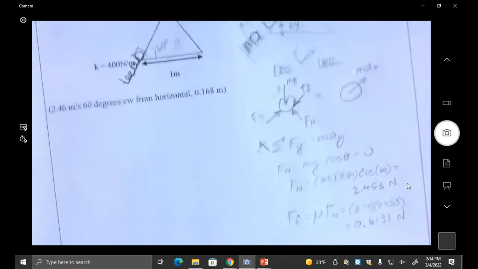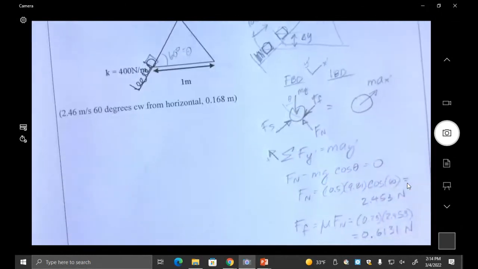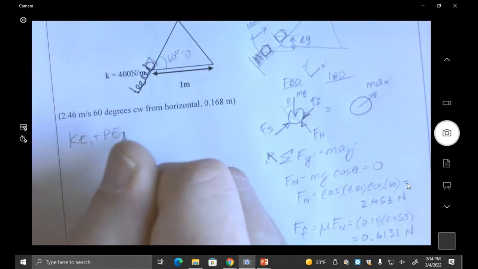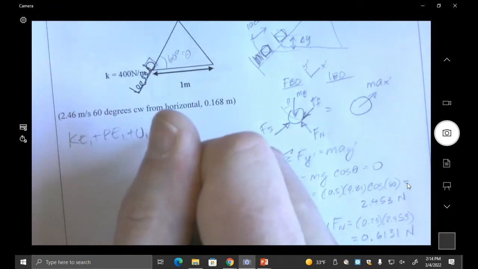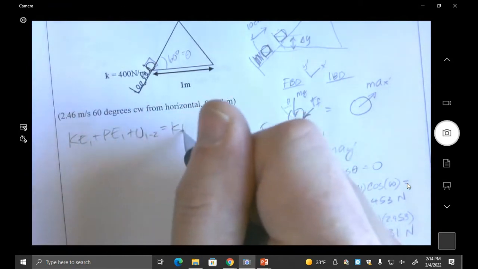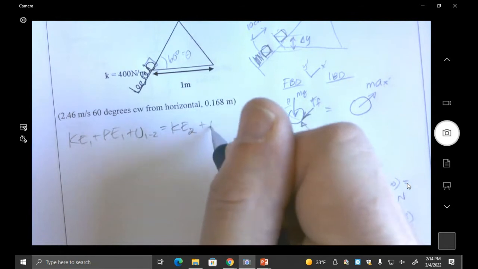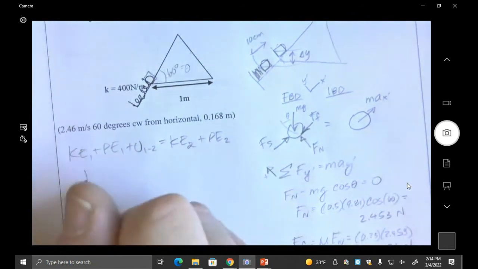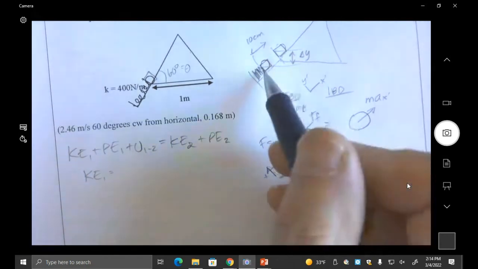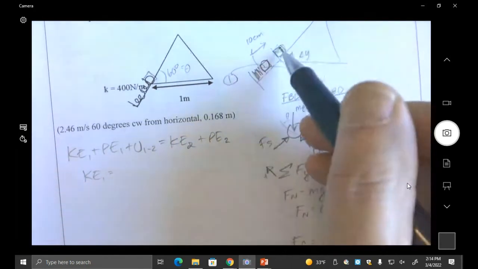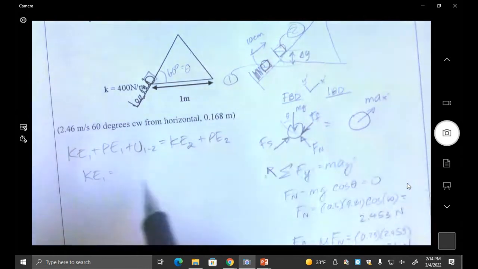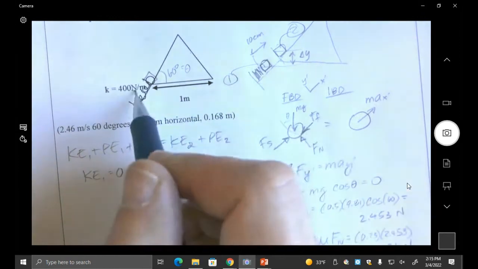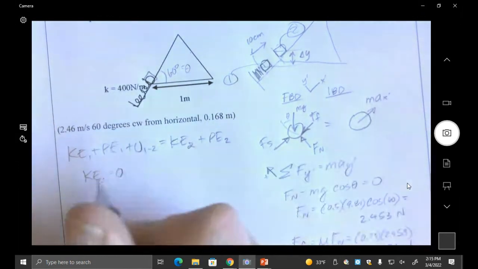All right, so that was just some preliminary stuff over to the side. Let's have our kinetic energy and potential energy and work. Kinetic energy is state one, that's going to be down here, and that's going to be equal to 0, because they're going to push this thing down 10 centimeters, and we're stopping there.